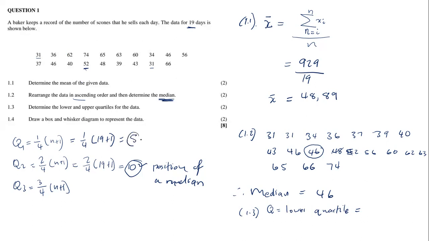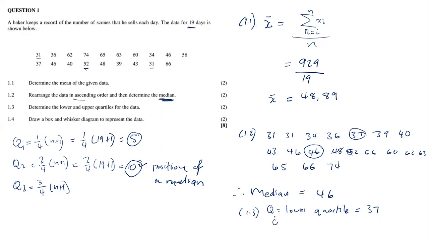So that means my lower quartile, or my Q1, is at position number 5. I go to my data and count 5 times: 1, 2, 3, 4, and 5. That means my lower quartile will be number 37, according to this data that we have just arranged. Easy as that. Can you see that? Okay?